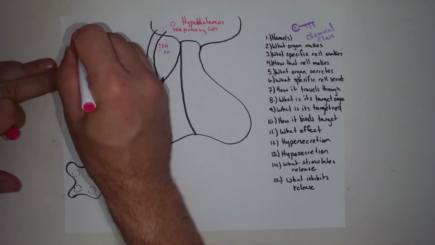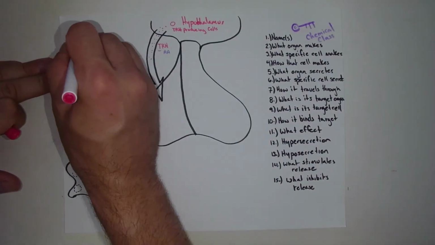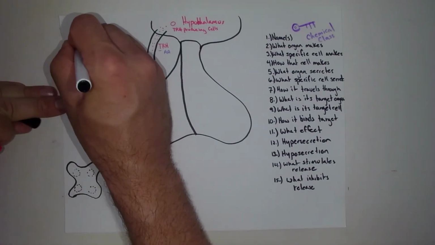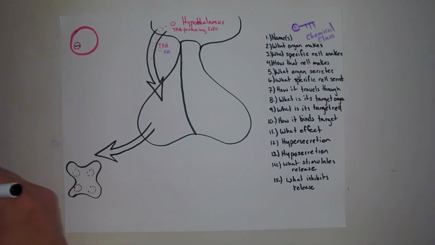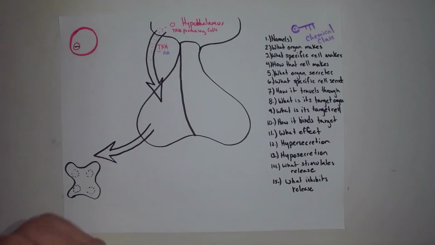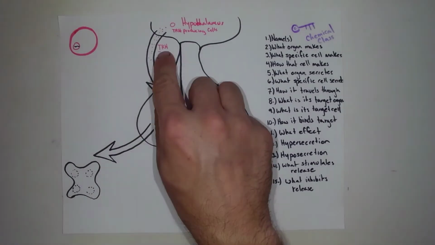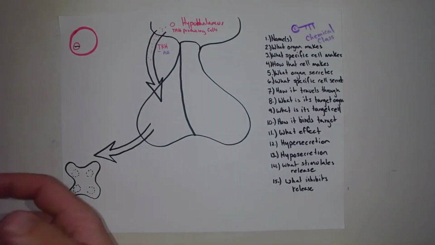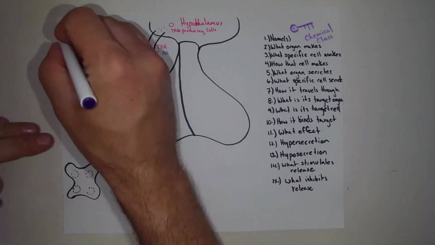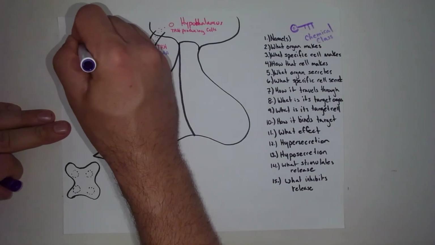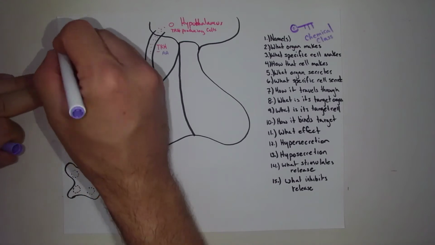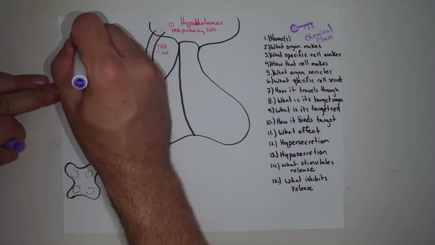First, within that TRH producing cell, we have a nucleus that has DNA. And on that DNA, there's a gene. And that gene codes for the protein TRH. We transcribe that gene into messenger RNA, and we send it out into the cytosol after adding a 5' cap and a poly A tail.